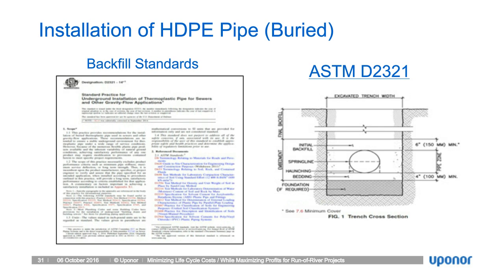The installation is also a science. It's to the ASTM D2321 standards. It has specific dimensions that the bedding has to be, as well as the trench width, and the burial above the pipe also has to be of a specific dimension.